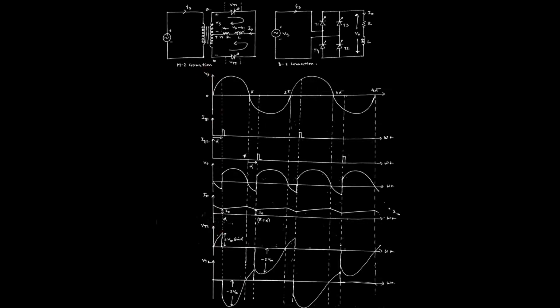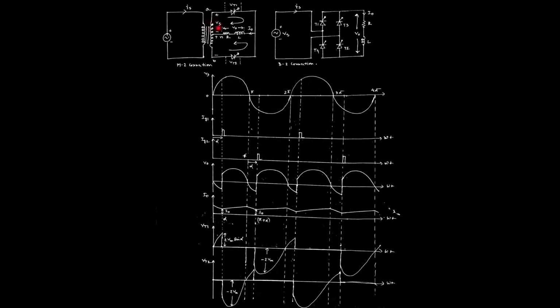Here we have taken a few parameters from the M2 connection circuit: Vs, the supply voltage; Ig1, the gate current of thyristor T1; Ig2, the gate current of thyristor T2; V0, the output voltage across the load; I0, the output current through the load; VT1, the terminal voltage across the first thyristor T1; and VT2, the terminal voltage across thyristor T2.